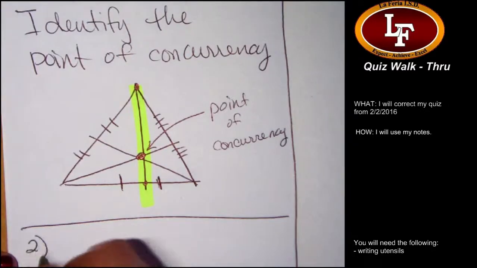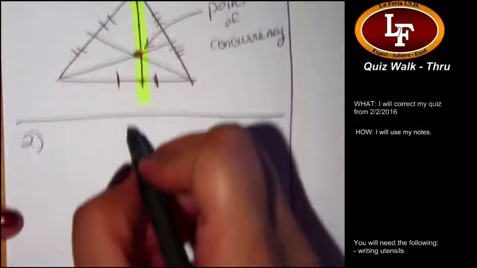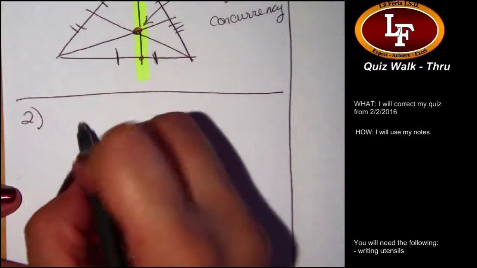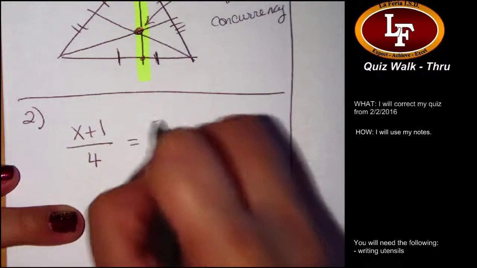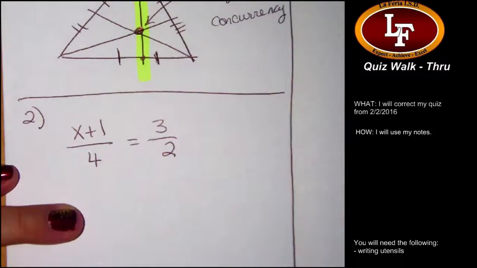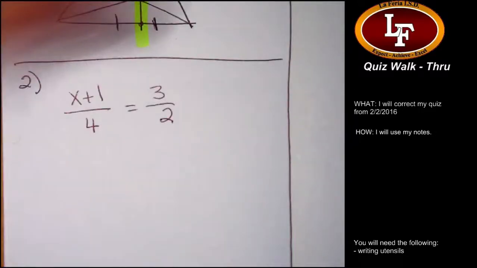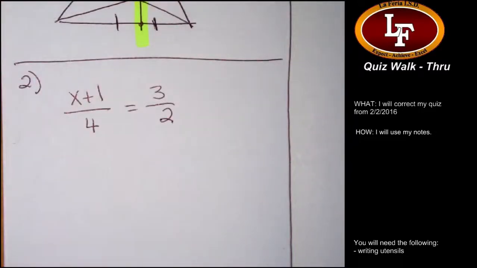All right, let's look at number 2. Number 2 was a solve for X thing, and you were asked to show your work, and I gave you this mess. This is more than anything an algebra work, algebra operations.